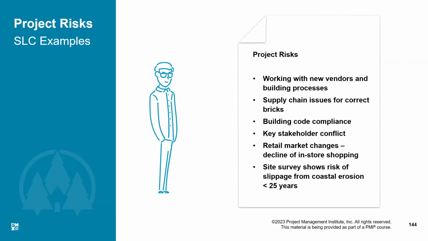So, for example, you say, because of the inclement weather, it is highly likely that it might rain and affect our construction work on 23rd of March. This is the complete statement of the risk.